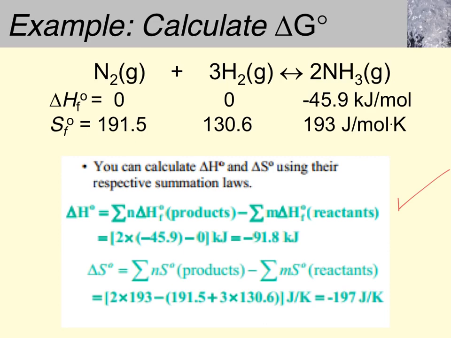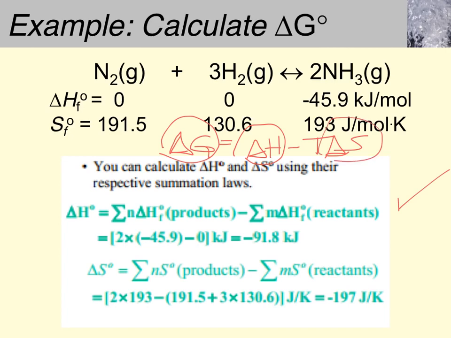Okay, so let's look at our handy dandy equation. Delta G is delta H minus T delta S. Before we can calculate G, we need to calculate delta H and delta S. Remember, since we're talking about a chemical reaction, this is asking for a delta G of reaction, and that comes from the delta H of reaction and the delta S of reaction.